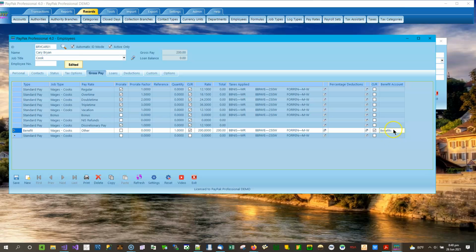This account will be credited with the total of the $200, whichever account you specify here, which is the benefits account. So what would happen in a case like that, where the benefit account is specified, is $1,000 is credited to the bank, $200 is credited to the benefit account, and then you have debits.